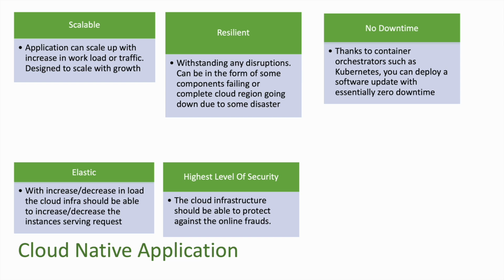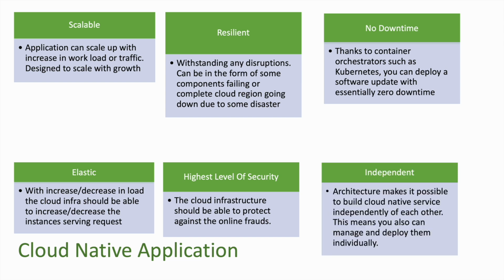Now again, it has to be secured. The cloud native applications are secured because they are leveraging all the features from the cloud itself. Then independent. The architecture of the cloud native application is such that each of the services within the application is independent of the others, and they are developed and deployed independently.